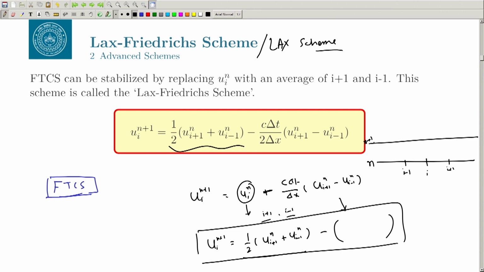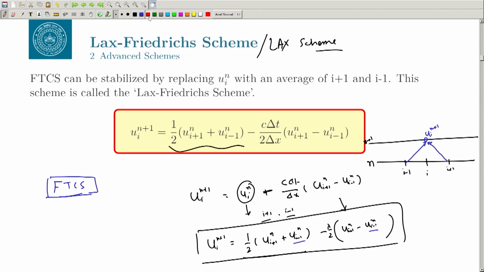Okay. So, let me write this: lambda by 2 (u_{i+1}^n minus u_{i-1}^n). We want to get the value at this point, which is u_i^{n+1}, and to get that you get the values from i minus 1 here, and i plus 1 here.